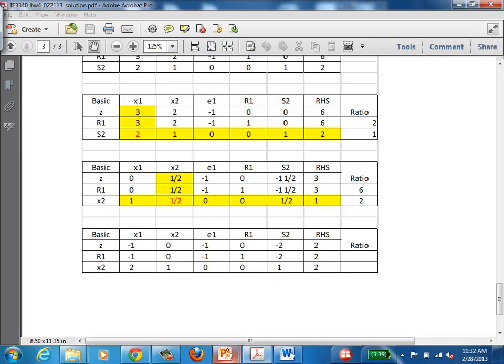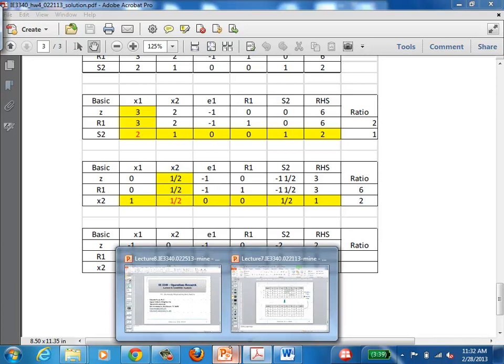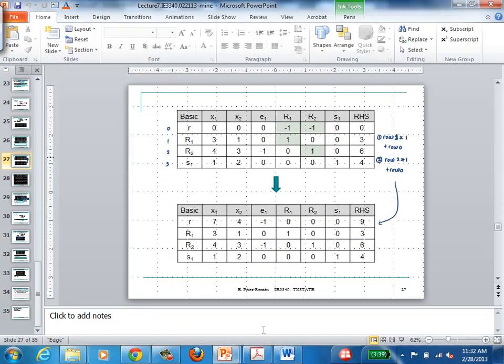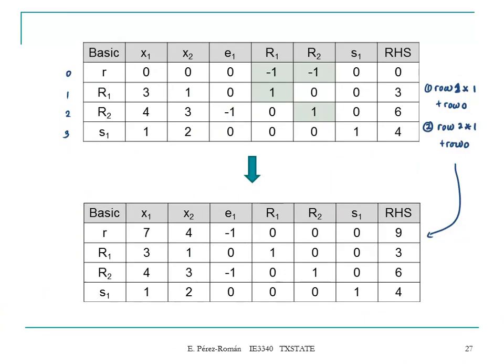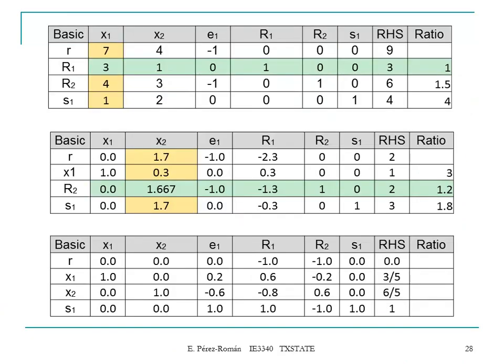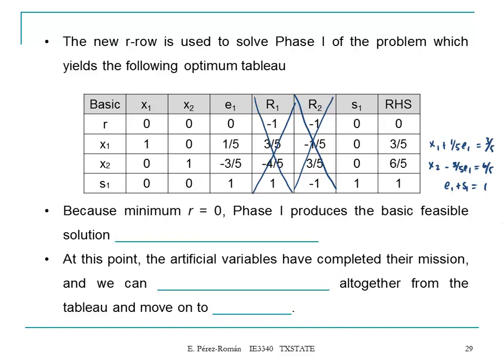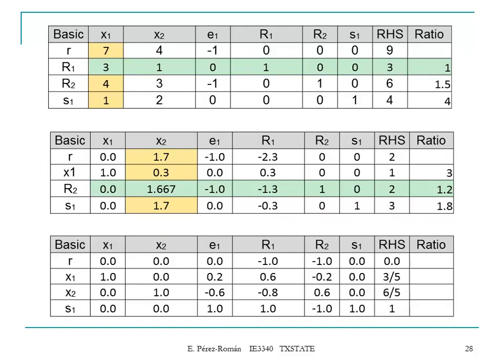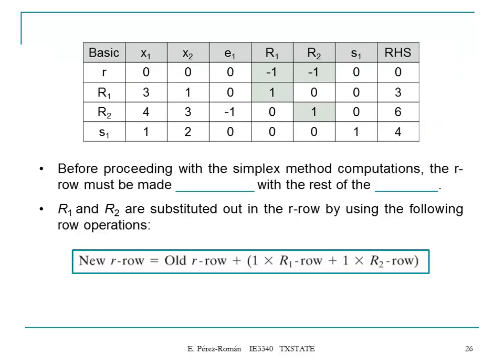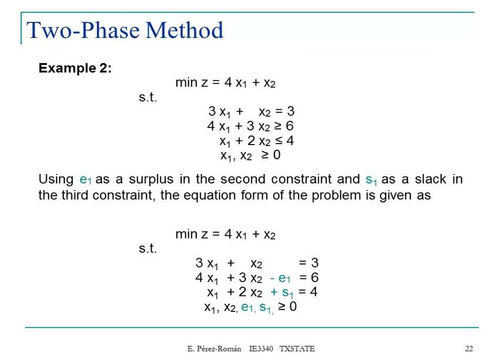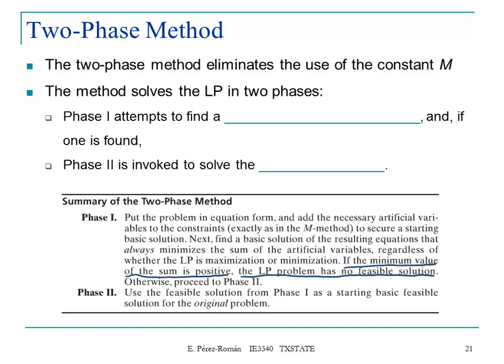So remember from here, if the minimum value of the sum is positive, this is phase 1, the LP problem has no feasible solution.